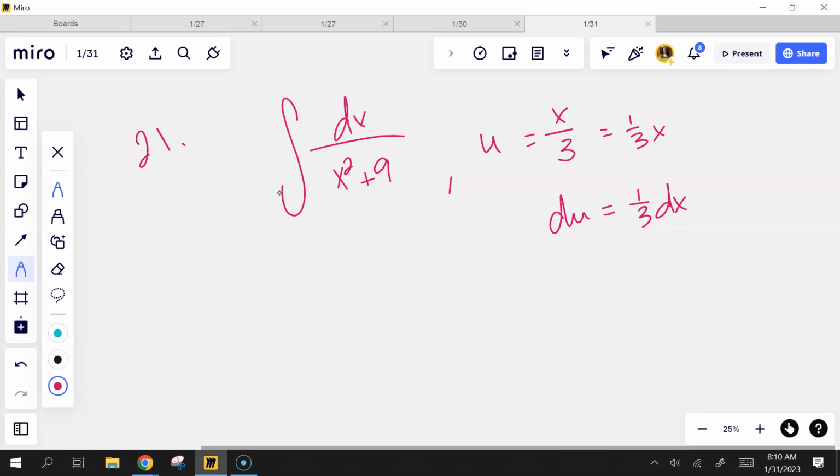How can we make the u show up? I think what we're going to have to do is factor out a 3 or a 9.